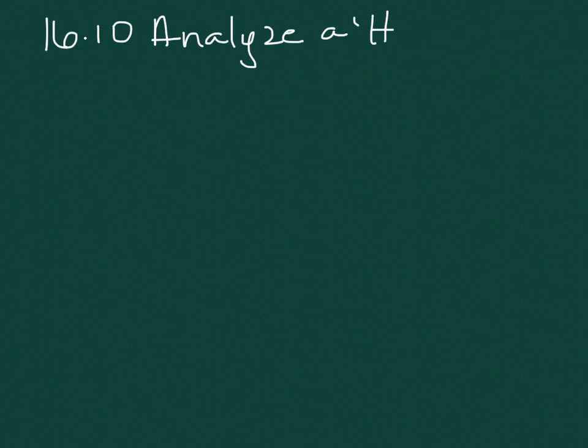So I'd like you to practice that skill of drawing NMR spectra based upon a given structure. Now what I would like to address is 16.10 and how we analyze a proton NMR, and the steps that we're going to follow in our analysis.